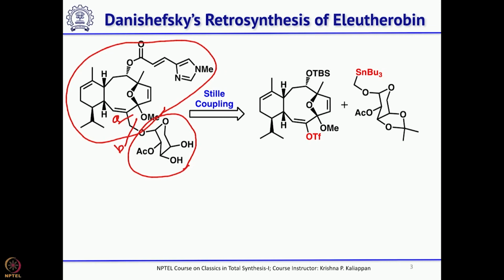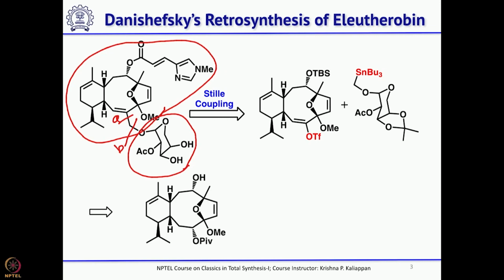Now for the synthesis of the carbocyclic derivative, that is a tricyclic compound, the triflate can be obtained from this protected alcohol by removal of the protecting group, oxidation to ketone, followed by enol triflate formation. One can easily convert this into the required triflate in 3 steps after protection of this hydroxyl group.